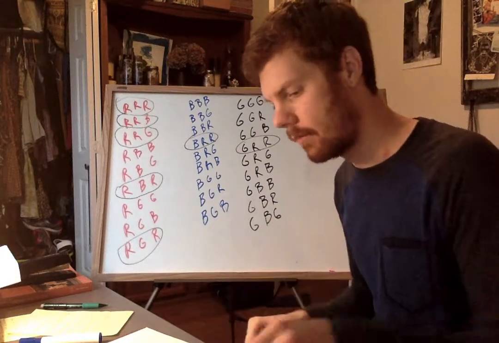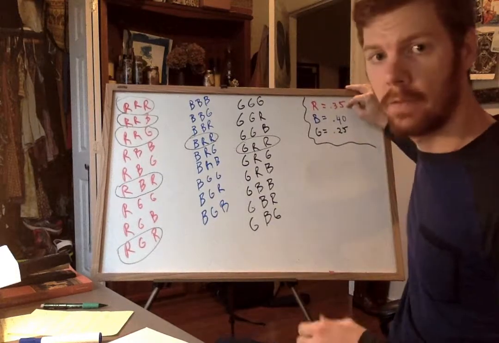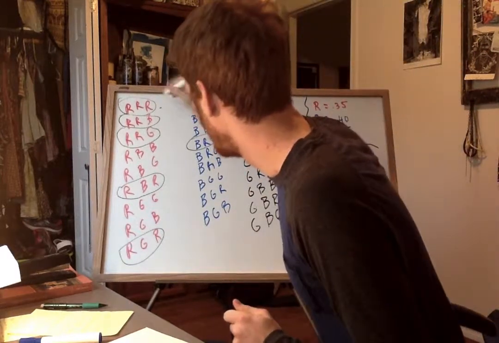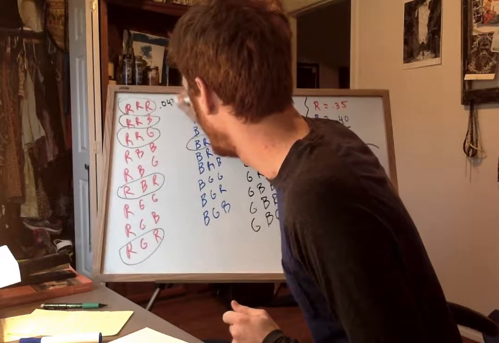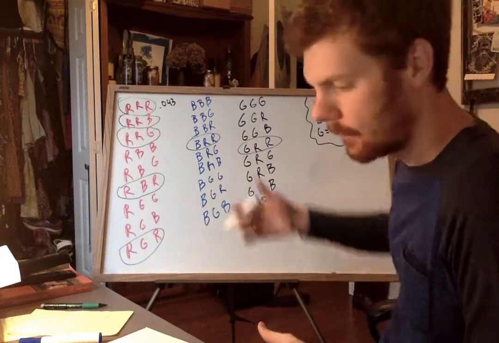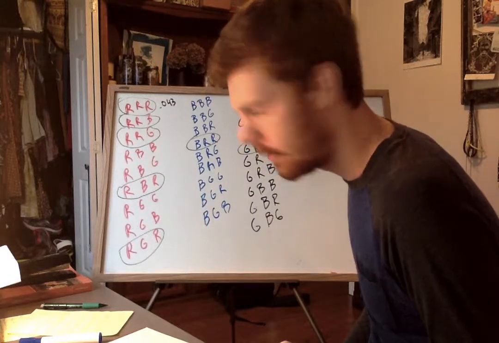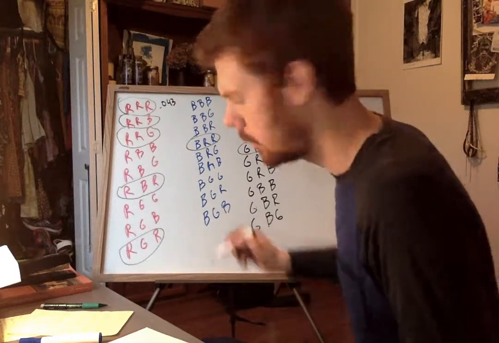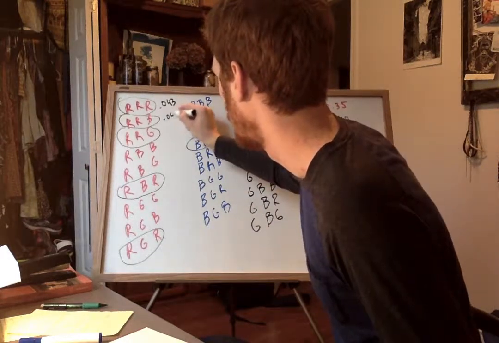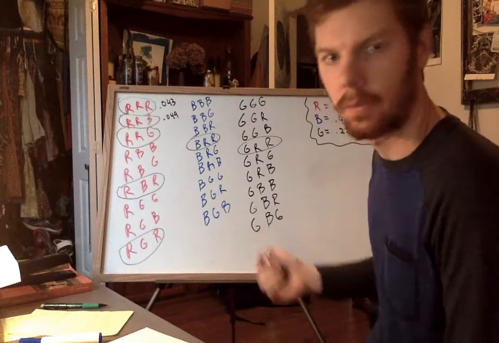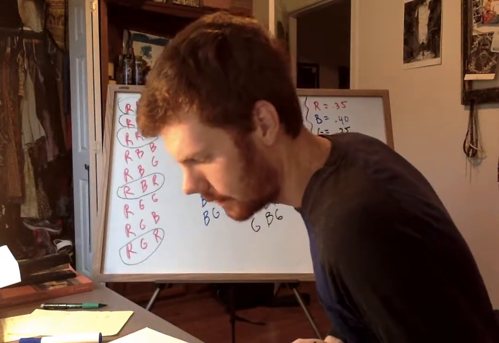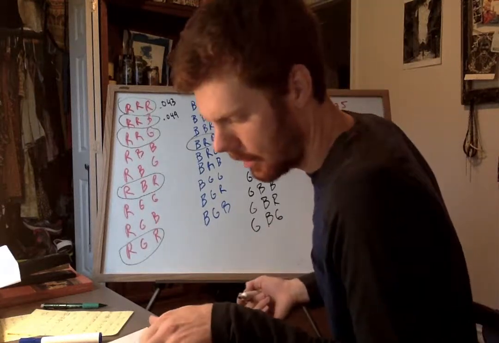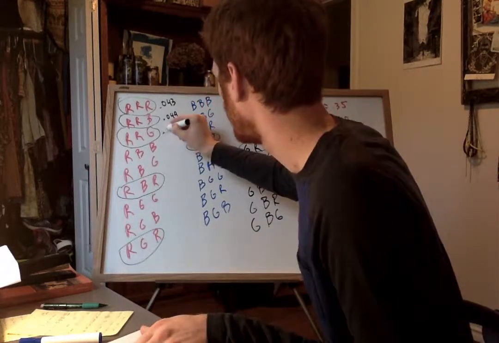Red, red, red is 0.35 times 0.35 times 0.35, which is 0.043. Red, red, blue is 0.35 times 0.35 times 0.4, which is 0.049. Note that I'm rounding to 3 decimal places. Red, red, green is 0.35 times 0.35 times 0.25, which is 0.031.